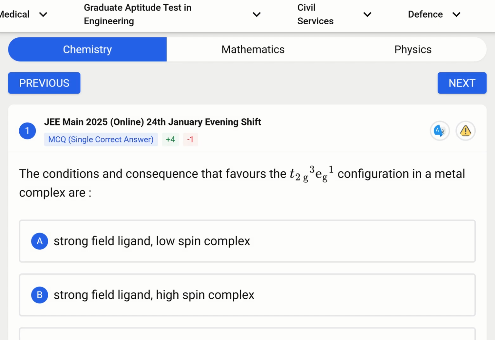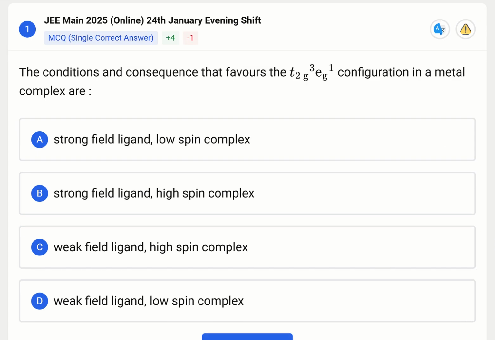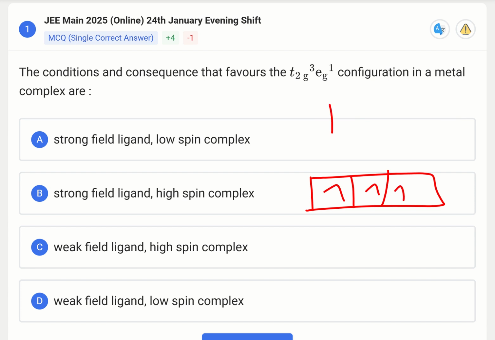So moving to the next question, question number 13. Conditions and consequences that favor t2g3 eg1. That means 1, 2, 3 and 1. Definitely, now we do not need to look at the options. It is a weak field complex, right? Weak field complex, and spin is high spin.